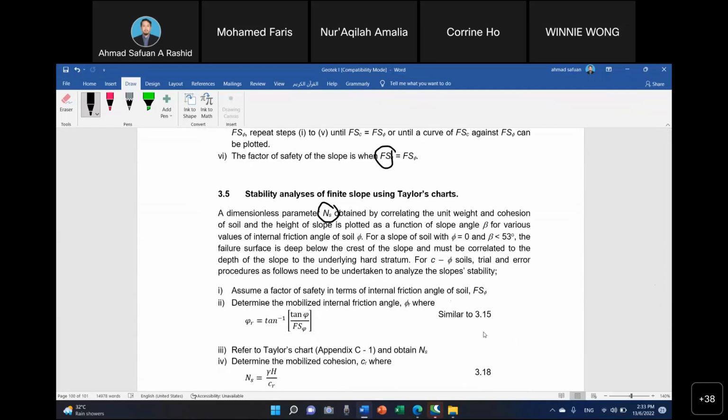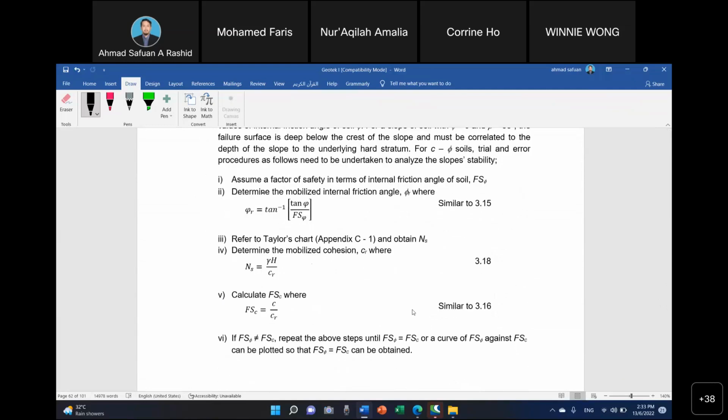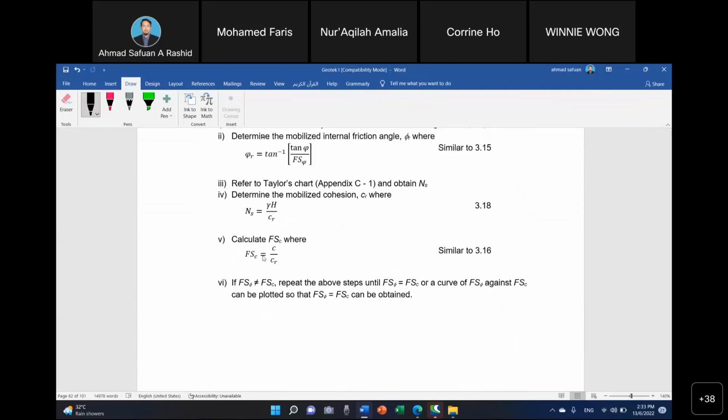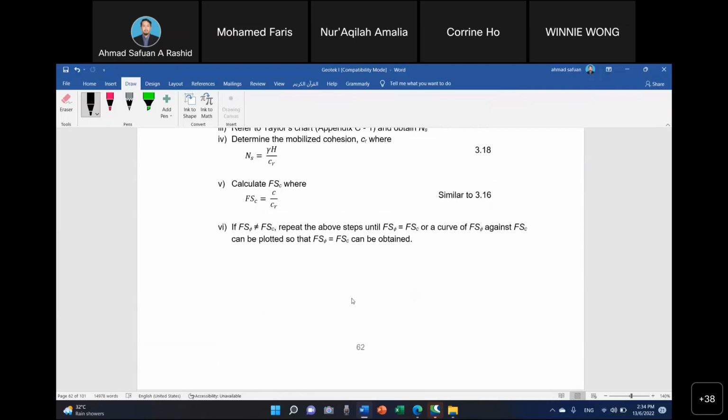The same approach as the linear failure plane, where we use the trial and error method. So we have here FS phi, then later we need to make sure that the FSC is equal to the FS phi, then repeat until we get the same value of the FS phi and also the FSC. So that is for the introduction part.